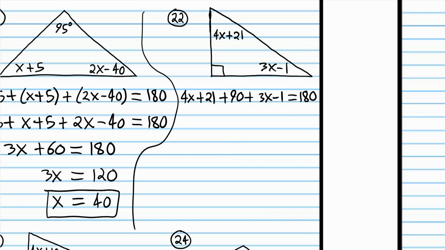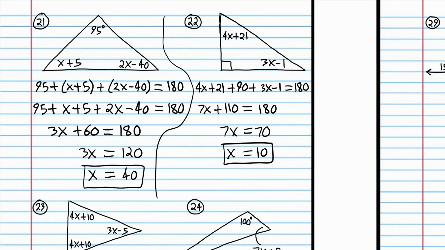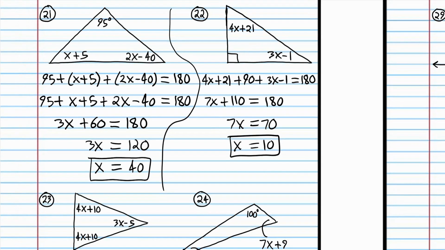So 4x plus 3x is 7x, 21 plus 90 is 111, and 111 minus 1 is 110. So all we did was just simplify that left side of the equation. We're going to subtract 110 from both sides, and we get 70. Divide both sides by 7, and we get 10. The variable is 10. So if you got that answer, good job.